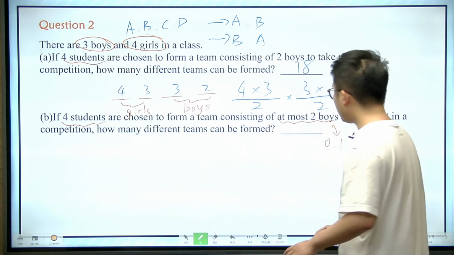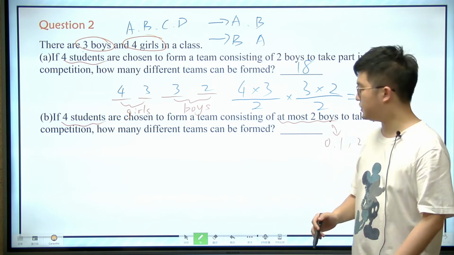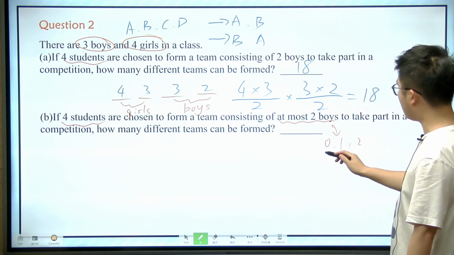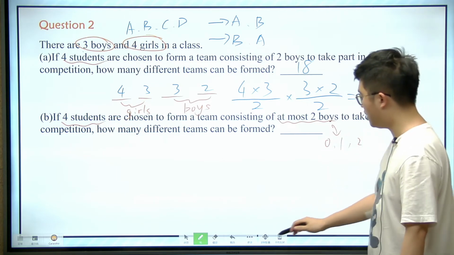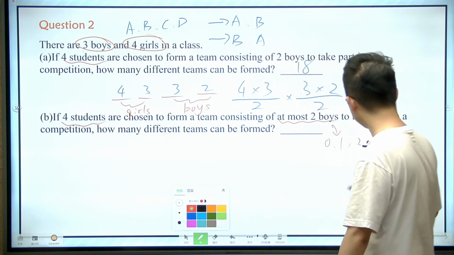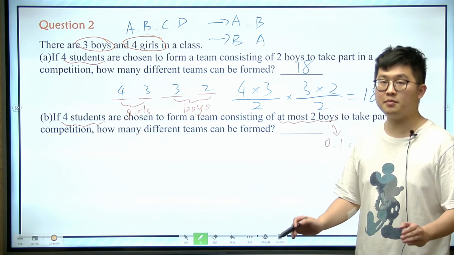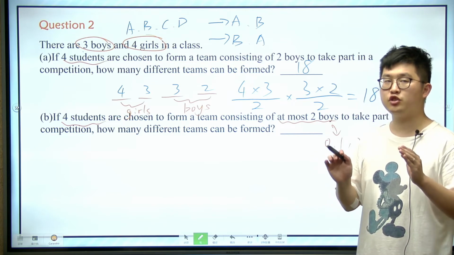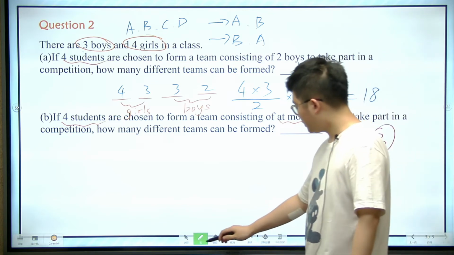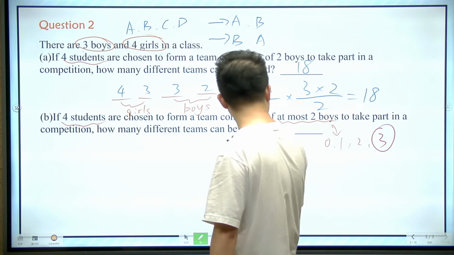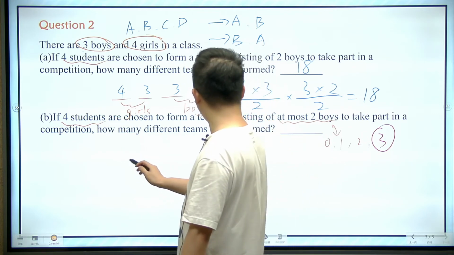So if we consider all the situations, we can see that there can be no boys, or 1, or 2, or 3. Or 3 means all the boys should be chosen, right?